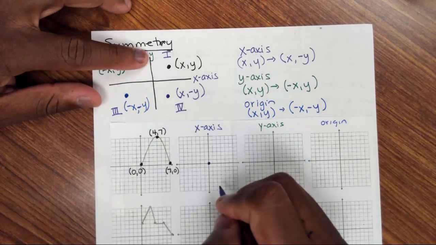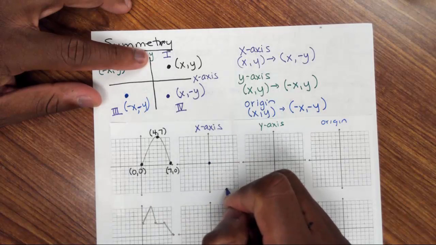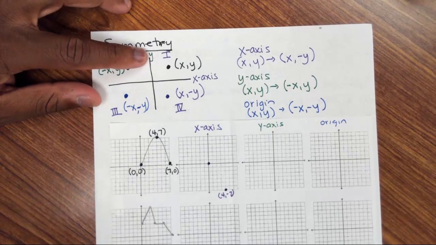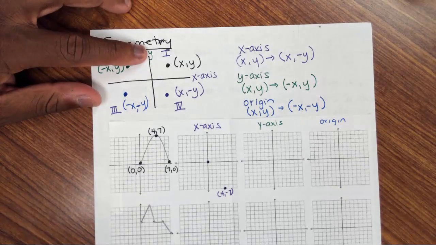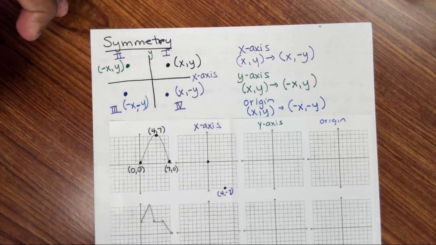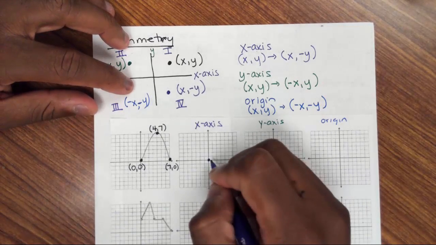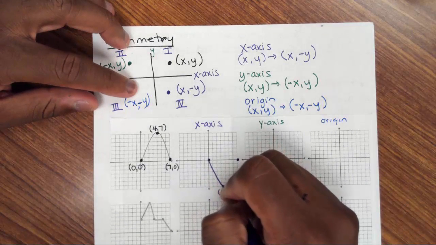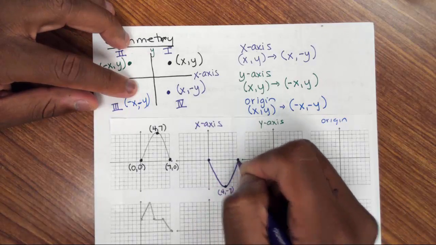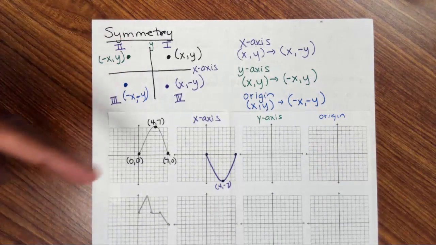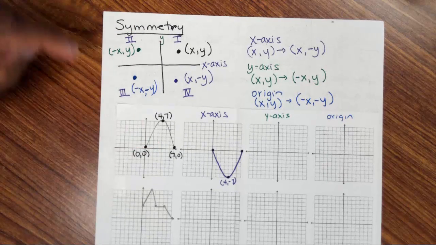The y value changes its sign, so that's 4, negative 7. And 7, 0 becomes what? 7, 0. It doesn't change, because the y is not going to change if it's 0. So you get this graph. Is this a reflection across the x-axis of this function right here?